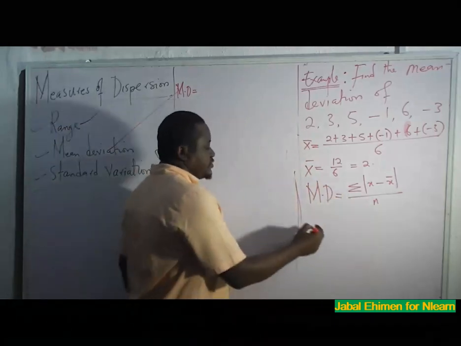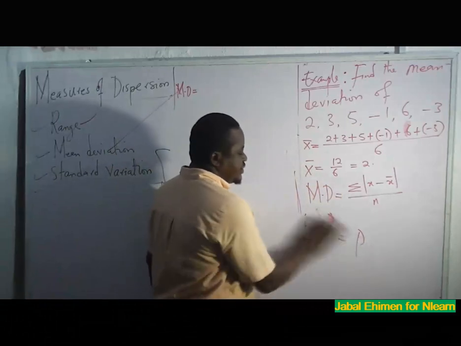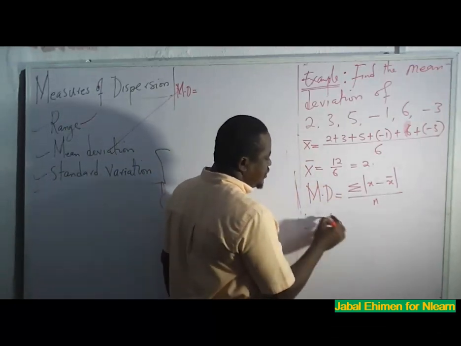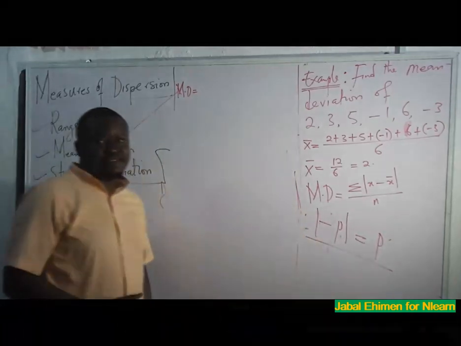The reason is because minus p in modulus is equal to p. Always remember that: minus p is equal to p. So that is the modulus rule.